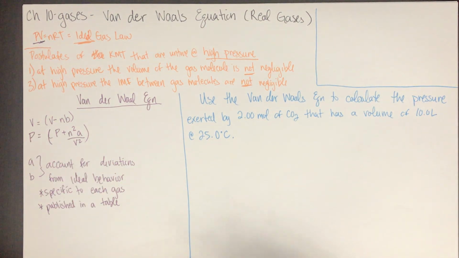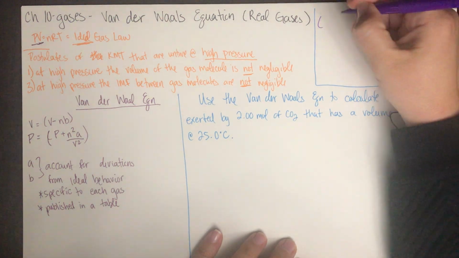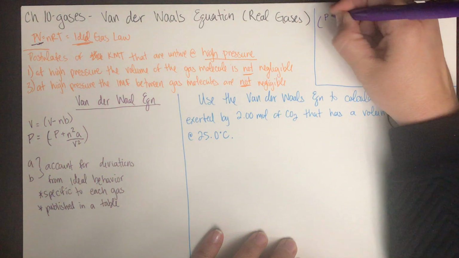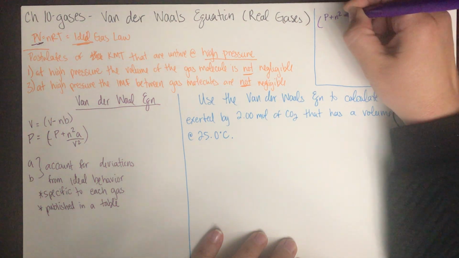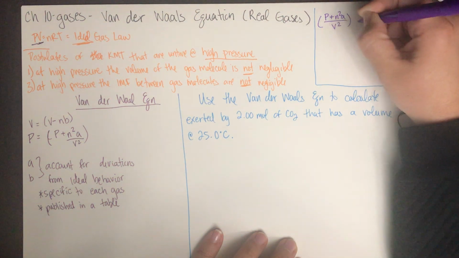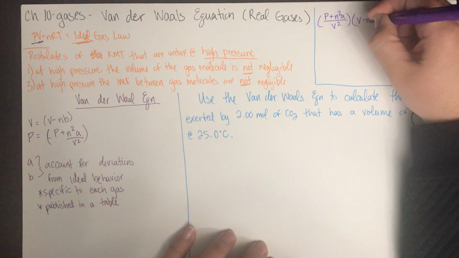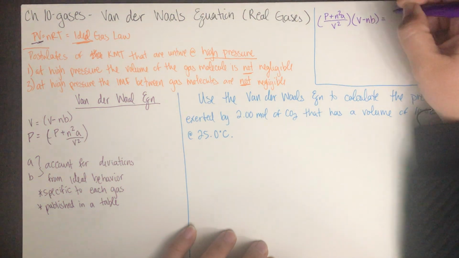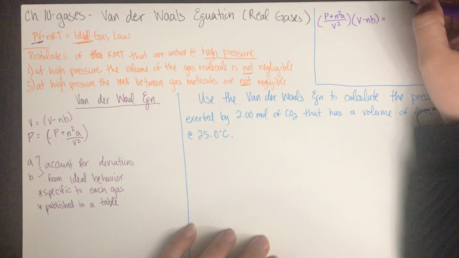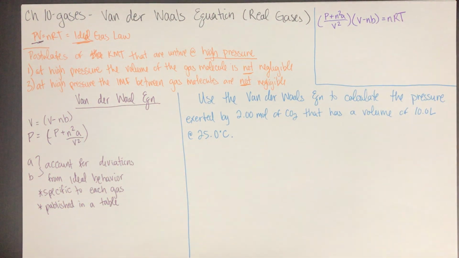So the van der Waals equation is going to be P plus n squared A over V squared, times V minus nB, equals nRT. So this is the van der Waals equation.